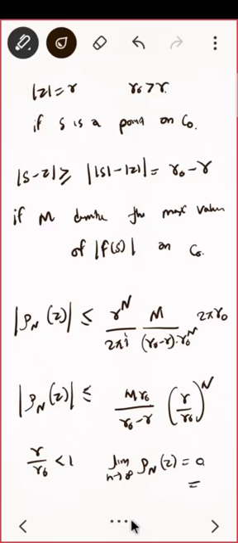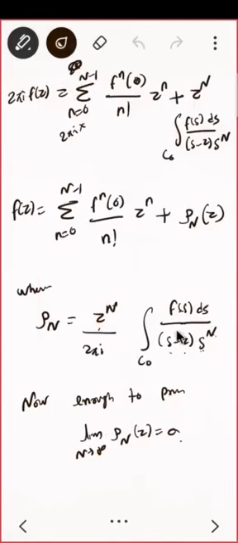Hence proved. Hence what did you prove? Once we take the limit, nothing else matters here; what will come here is f of z, summed up to infinity.